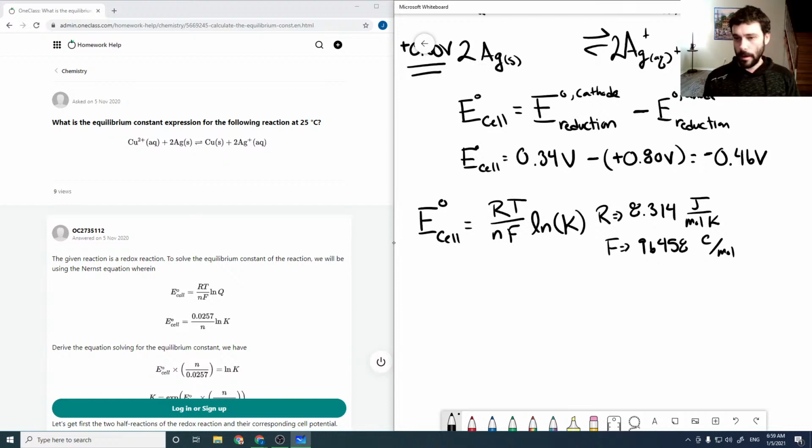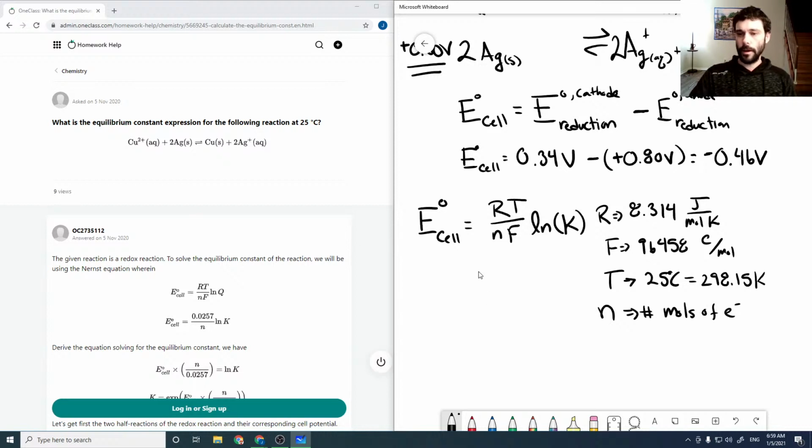Our T is our temperature, which is 25 degrees Celsius given in the question, which is equal to 298.15 Kelvin. And then N is the number of moles of electrons transferred.